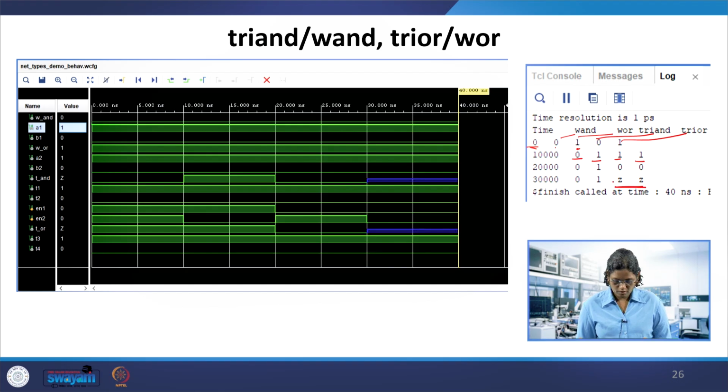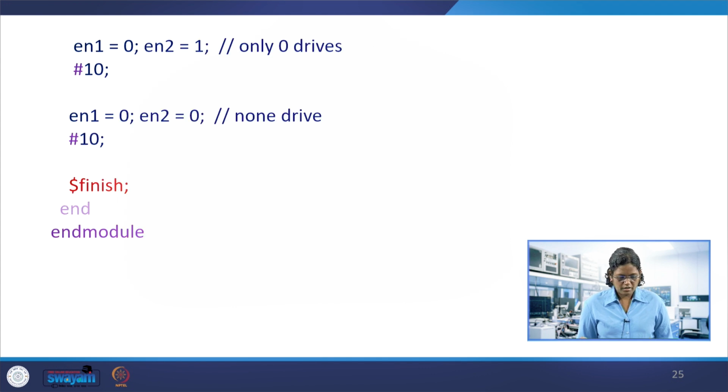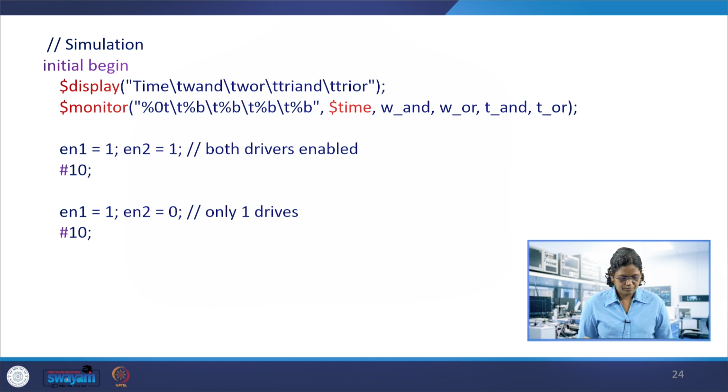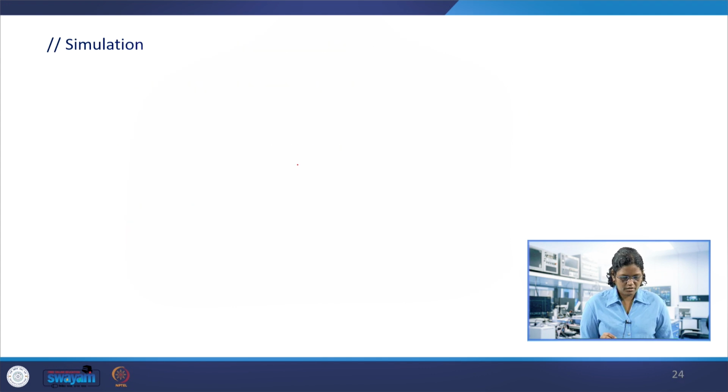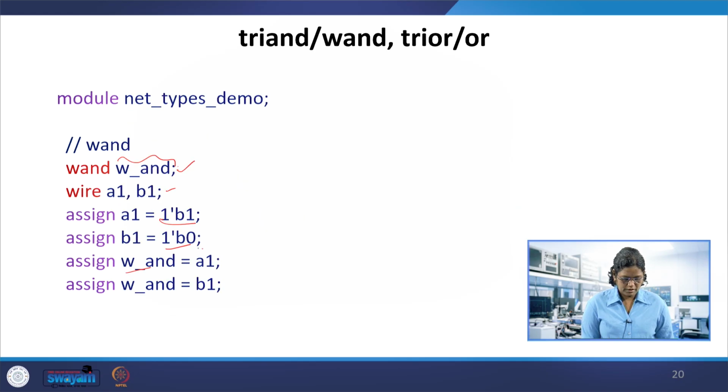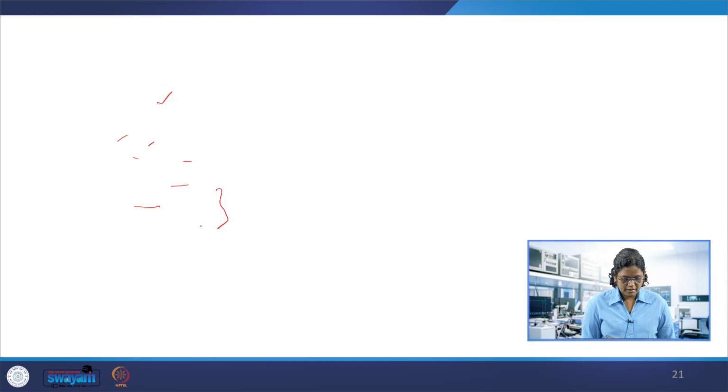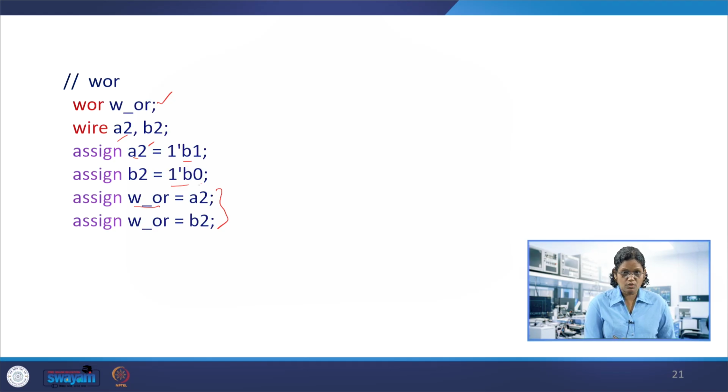Now looking back to this one, go back to this. Here, 1 and 0, AND function of A1 and B1, so wire AND will be 0 because wire AND is the logical AND of these two signals. In the second case, the OR function, 1 0, 0 plus 1, is going to be 1.